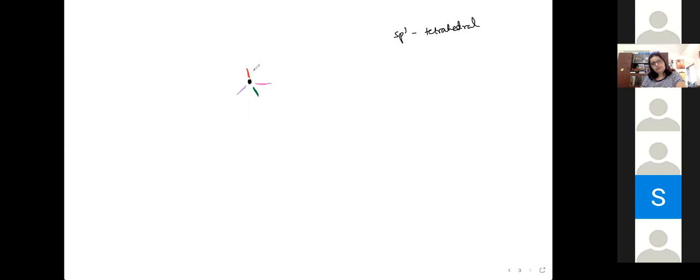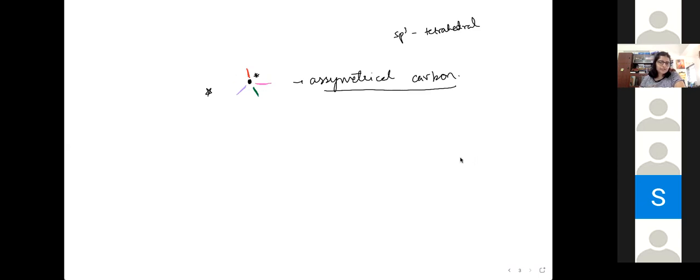When all 4 different groups are connected to a carbon atom, you say this carbon atom is asymmetrical. It's usually shown with a star written over it. The rotating light property is specific only to asymmetrical carbon atoms.